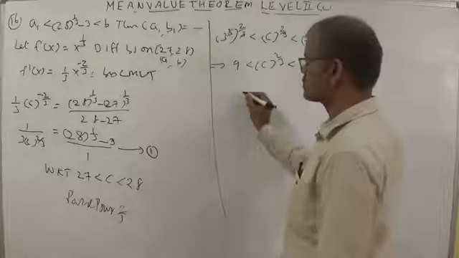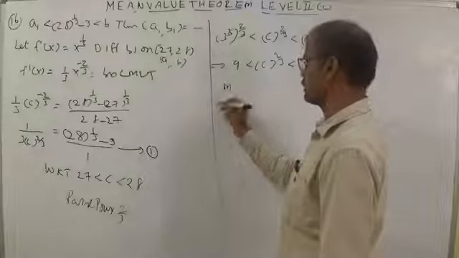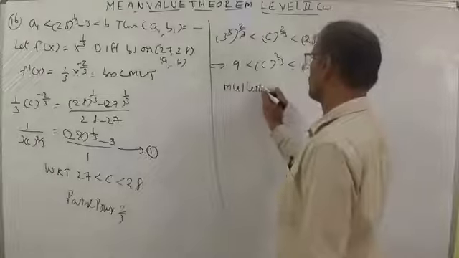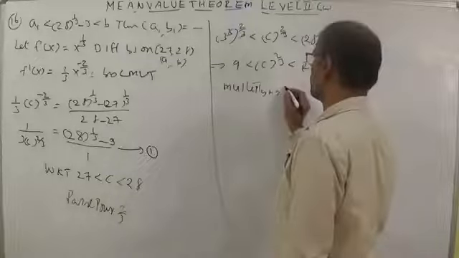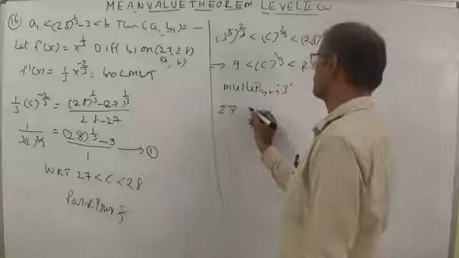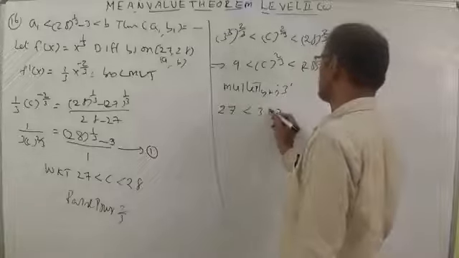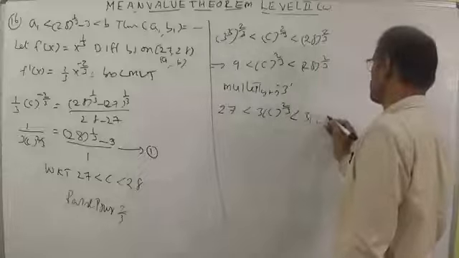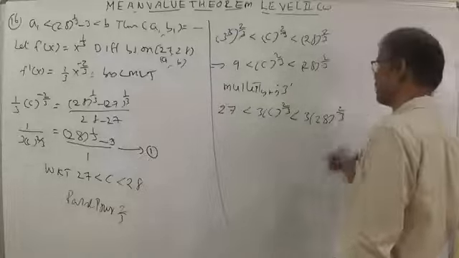Next step I am saying multiplying. Multiplying by 3, you write 3 nines are 27. 27 less than 3 into c power 2 by 3 less than 3 into 28 power 2 by 3.